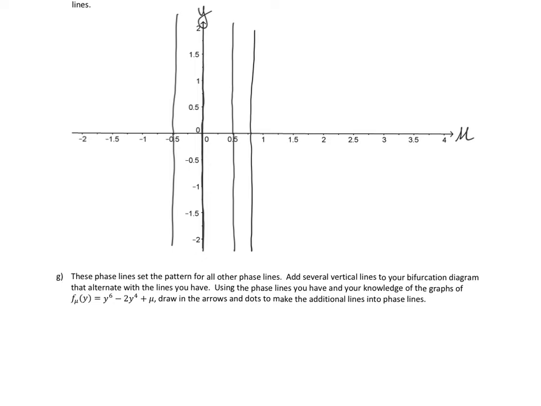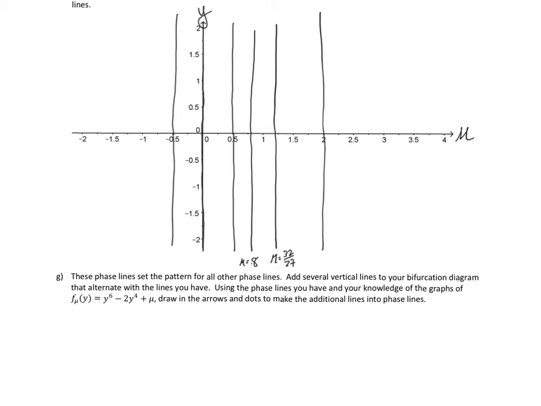A little more than b was 2. And let's see, b itself was about almost 1.2. Okay, so negative 0.5 and 0.5 are clear. This one is mu equals 0.8. Mu equals 32 over 27. And then the 2 is pretty clear.